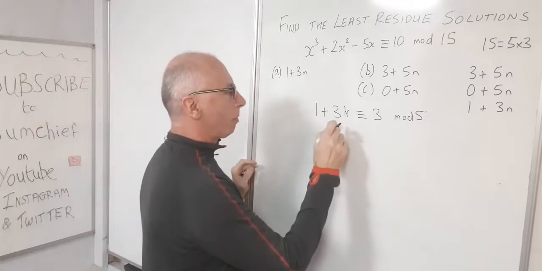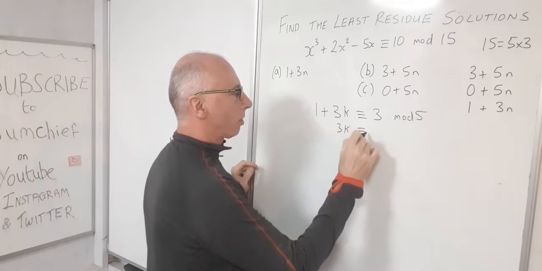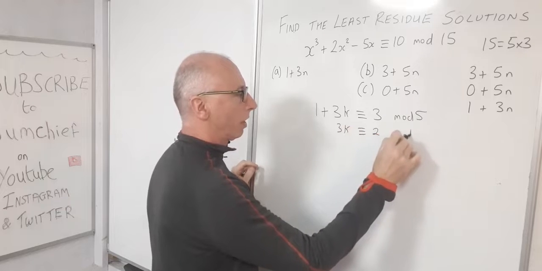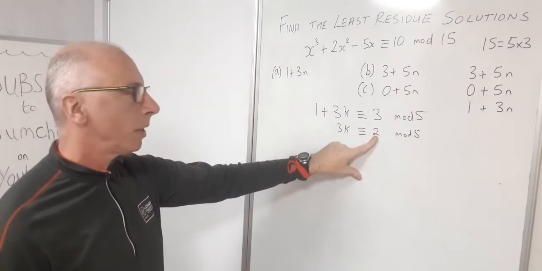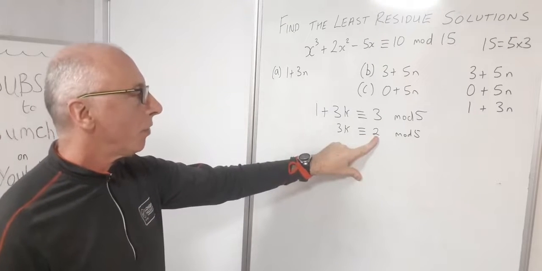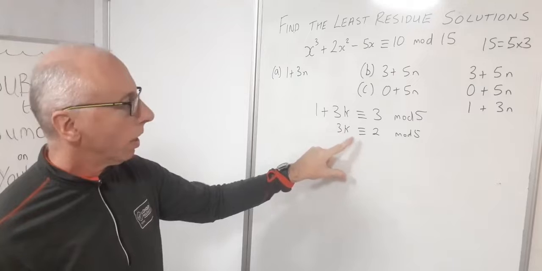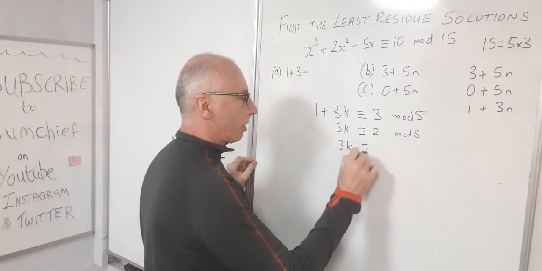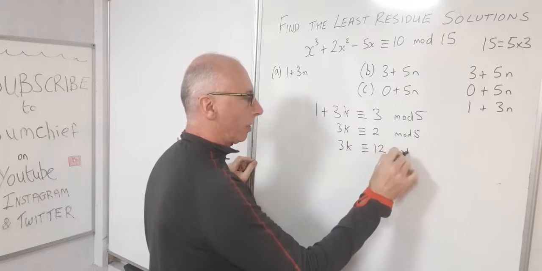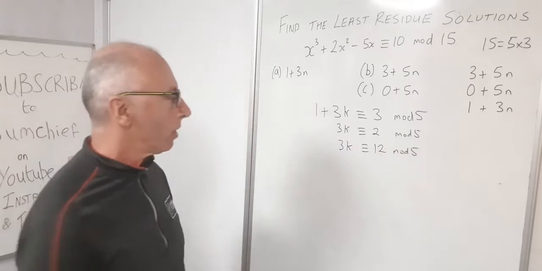So subtract 1 from both sides. 3k is congruent to 2 mod 5. And now I need to find a number congruent to 2 mod 5 that's divisible by 3. Well, we can see clearly the number we need is 12. So 3k is congruent to 12 mod 5. So therefore my k is 4.